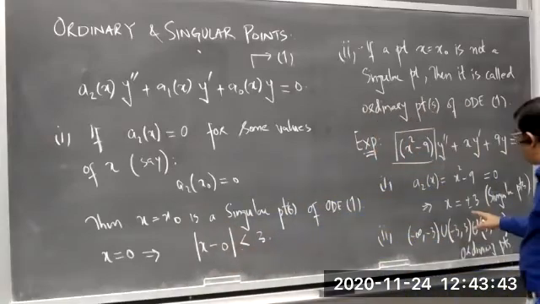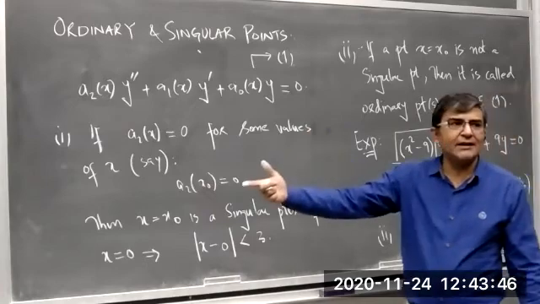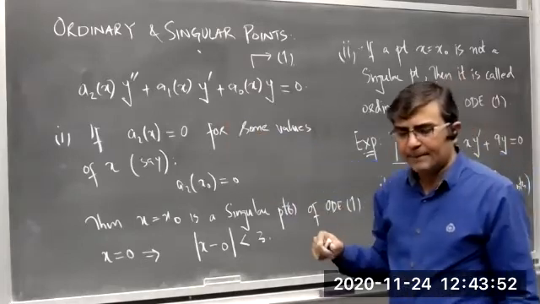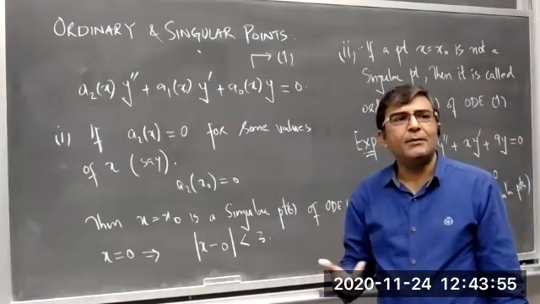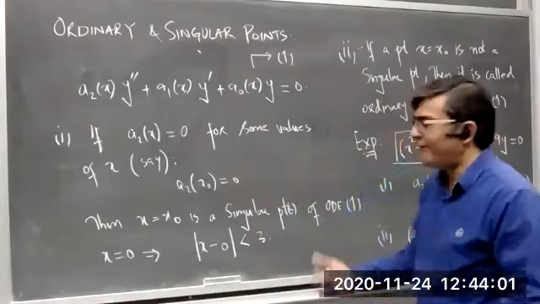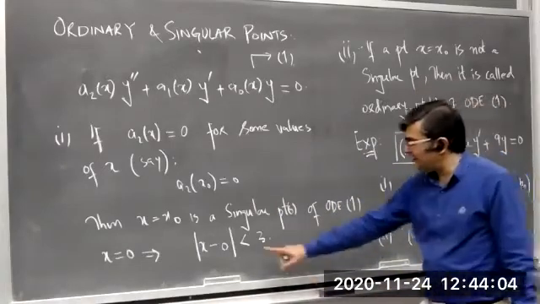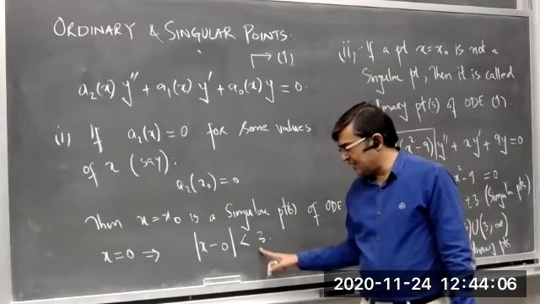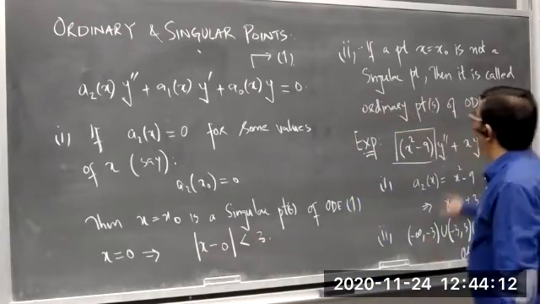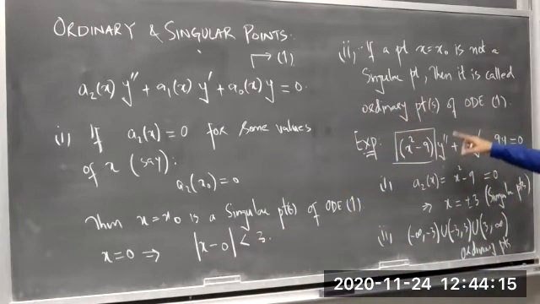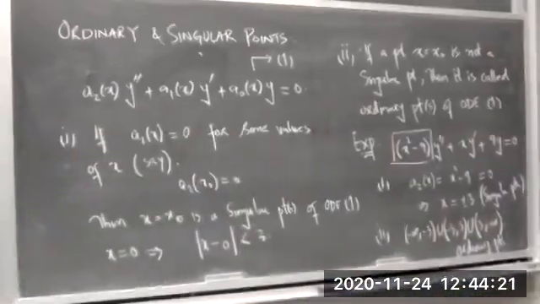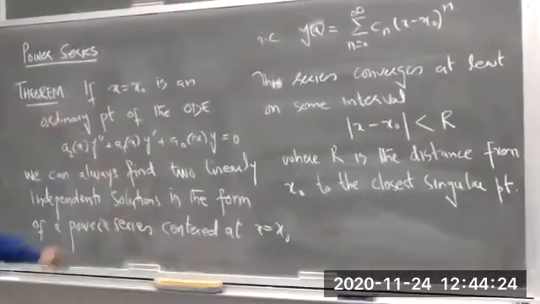But here, the radius of convergence is always basically positive, because we discussed when the derivatives of any power series exist and when it is continuous: if r is greater than 0 then the function is continuous and differentiable. So we choose 3 as r. So this must be the interval of convergence of the power series solutions of this differential equation. This theorem tells us this thing. If you have any question, you can ask me.